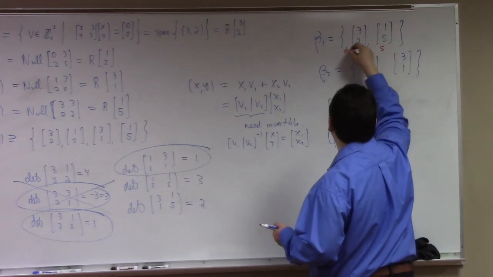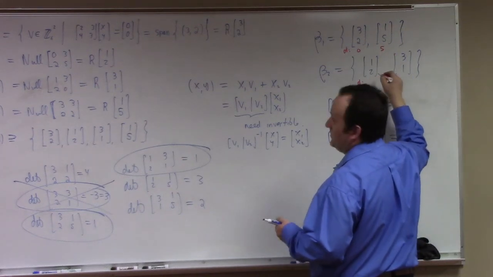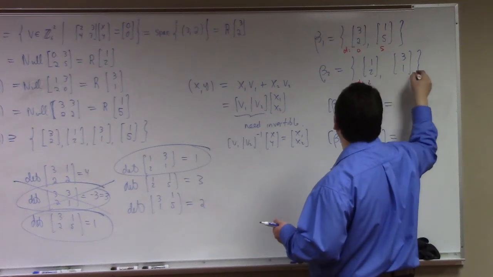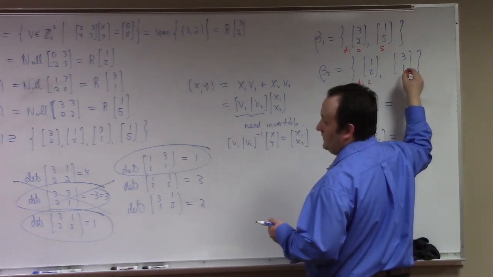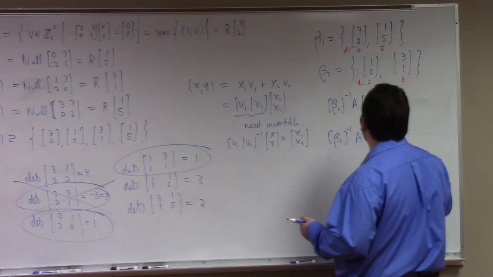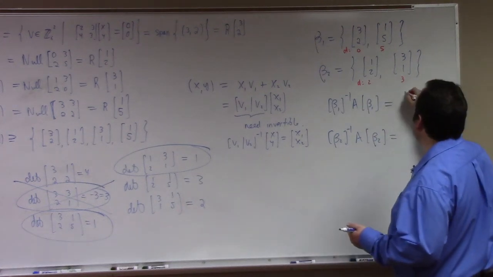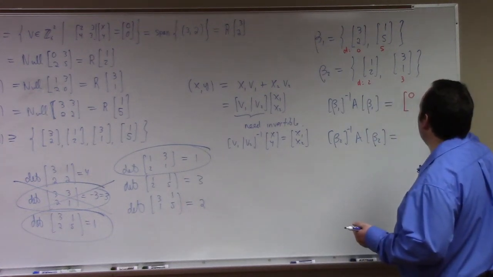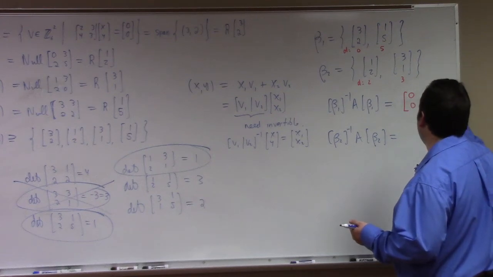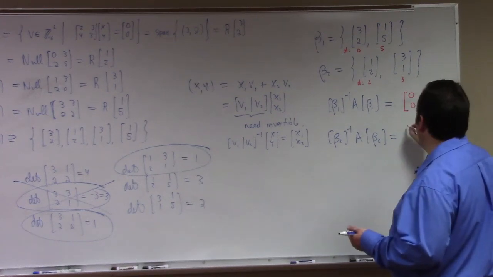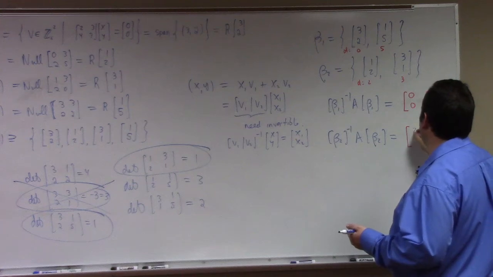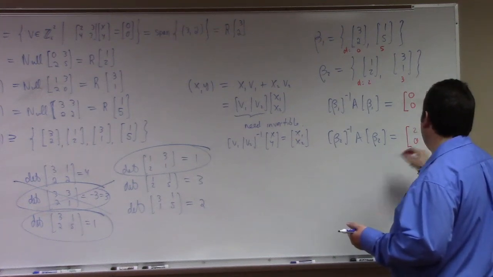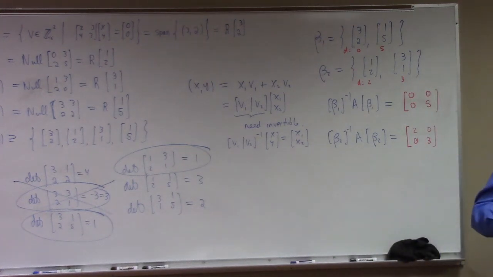These are my eigenvalues here. 1, 2 was coming from the 2 eigenspace. 3, 1 was the basis for the 3 eigenspace. So beta 1 will similarity transform it to 0, 0, 0, 5. This similarity transformation, on the other hand, will transform it to 2, 0, 0, 3. Kind of cool, right?